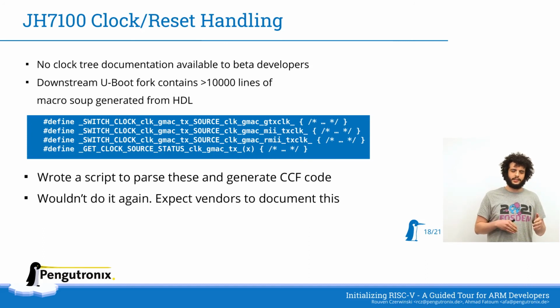And then you have 1,000 lines of initialization code, which just toggles that reset, enables that clock, then does this, then reparents this, and so on. And you don't really know which ones you need, which ones you don't. Here is an example. This is a MUX. You see you have these defines that reparent the clocks.